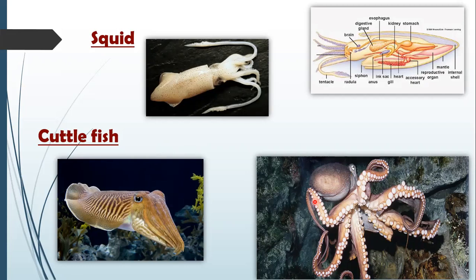So there are certain differences between the organisms. They have many differences among them, but they also have many common points. All of them have a mantle, and all of them are soft bodied, unsegmented organisms.